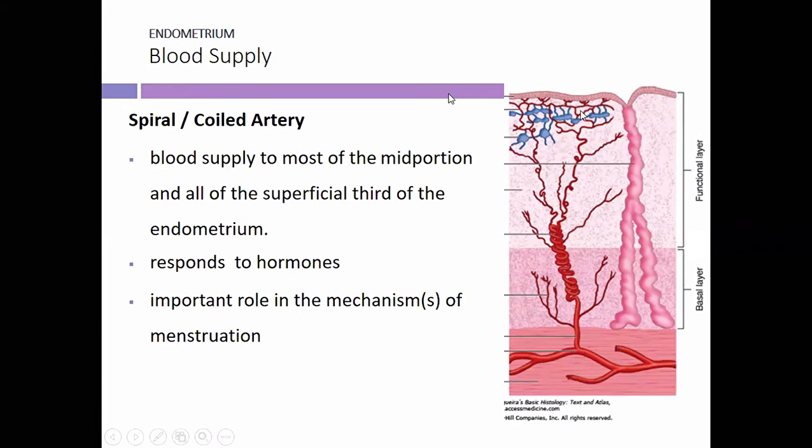And this is the functional layer which is sloughed off during menstruation, while this basalis layer of the endometrium is the one that regenerates. This is supplied by this coiled artery. And therefore, this spiral artery or the coiled artery plays a major role in menstruation.